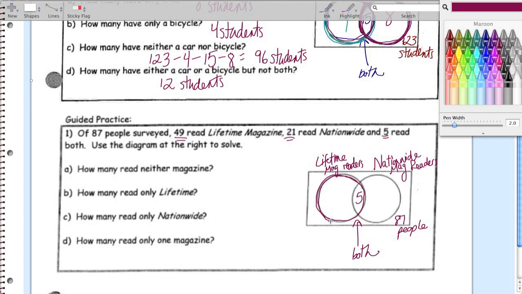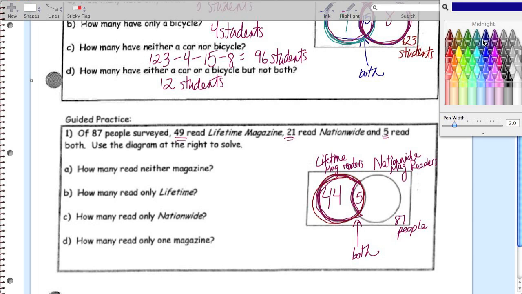So this circle here should total 49. Well, being that we're already accounting for 5 of those people, that means there's 44 people that would fall in just this portion of the circle. Okay? Just that portion. Looking at the whole circle, it's going to total 49, and so we're good.